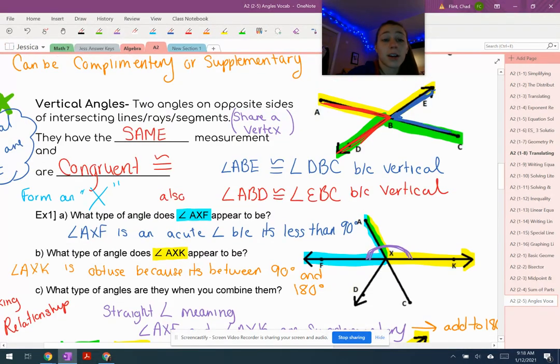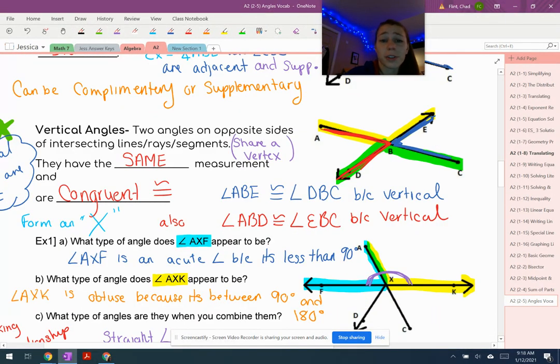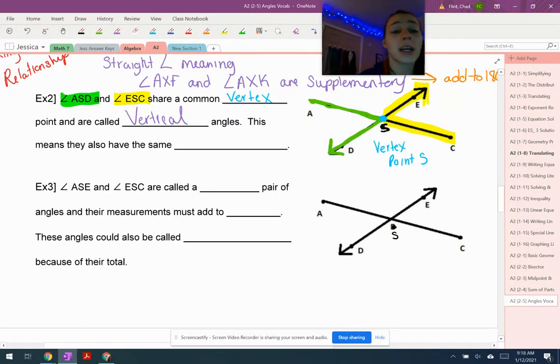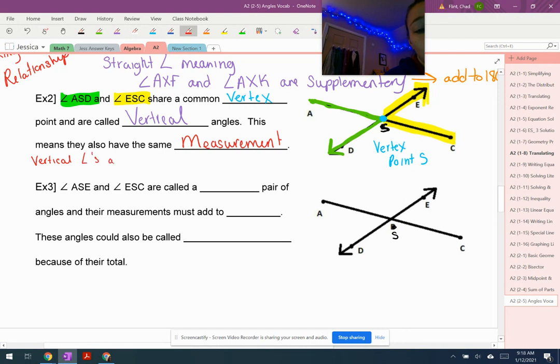This means that they also, just going to the definition of vertical angles, they have the same measurement and are congruent. This means they also have the same measurement. Right? Vertical angles are congruent.